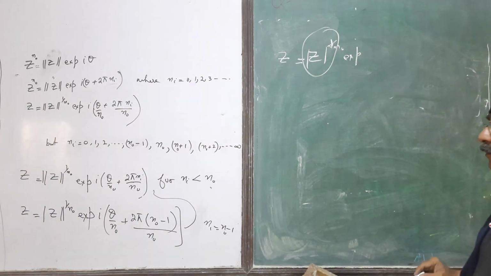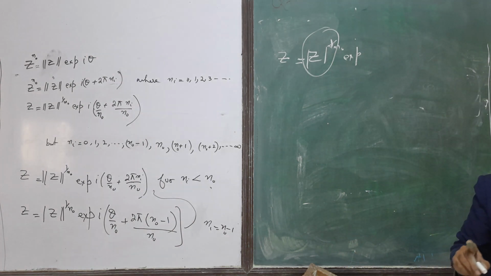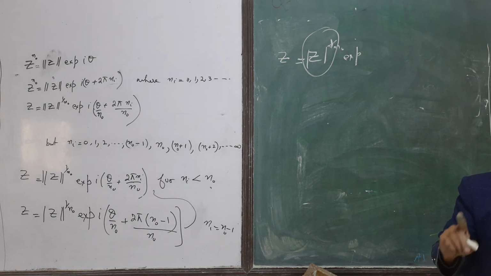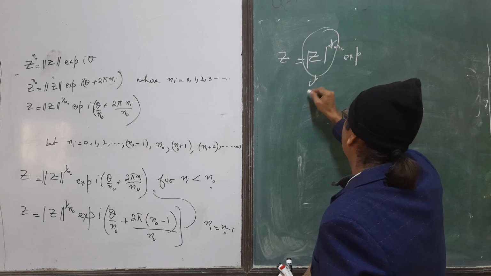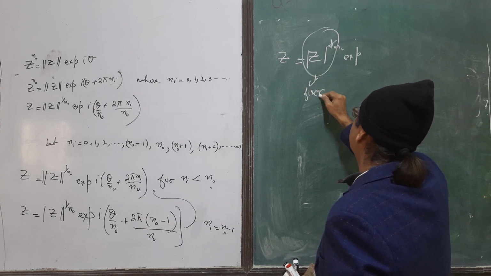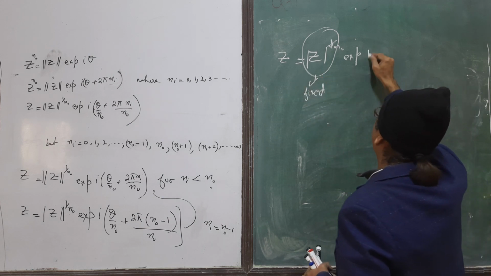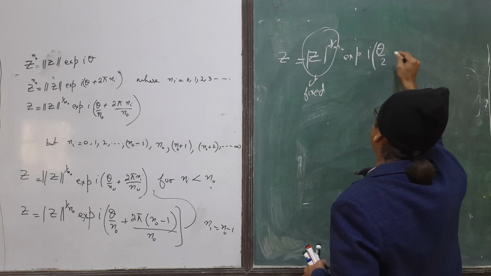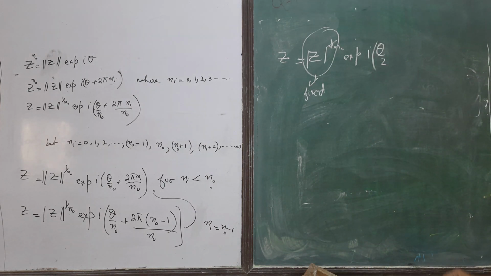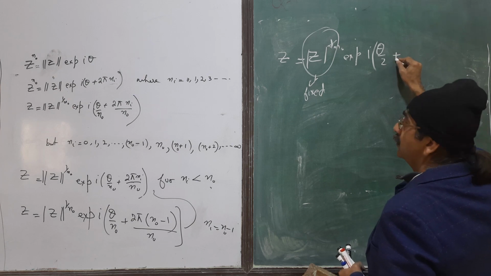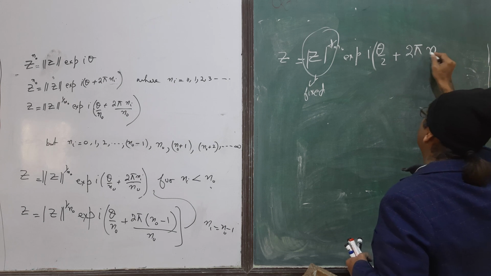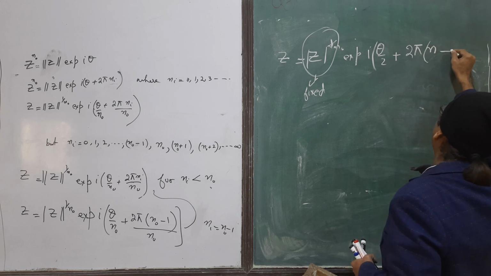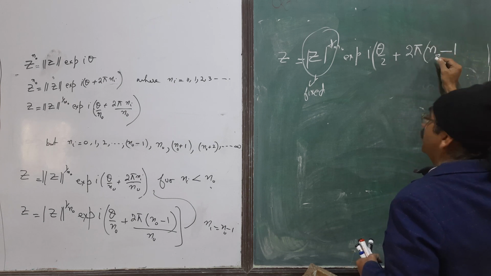Whether N is 0, whether 1 root 3, this value is fixed and N naught is fixed. So Z by 1 by N is fixed. Iota theta by 2 is also fixed, plus 2 pi N minus 1 and not minus, oh sorry.